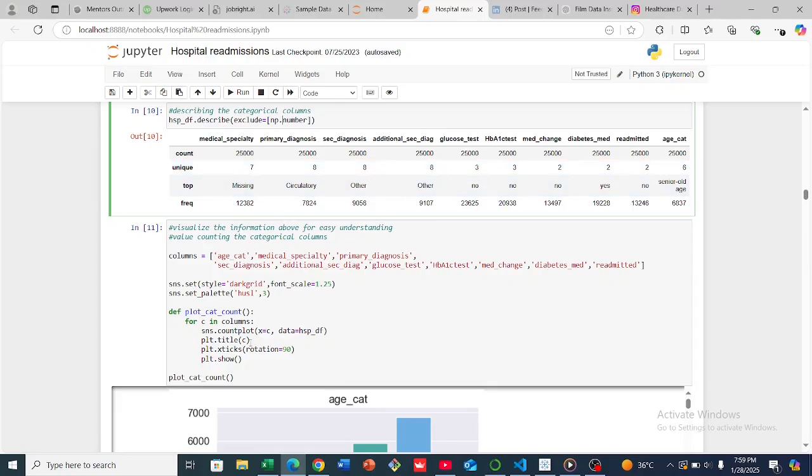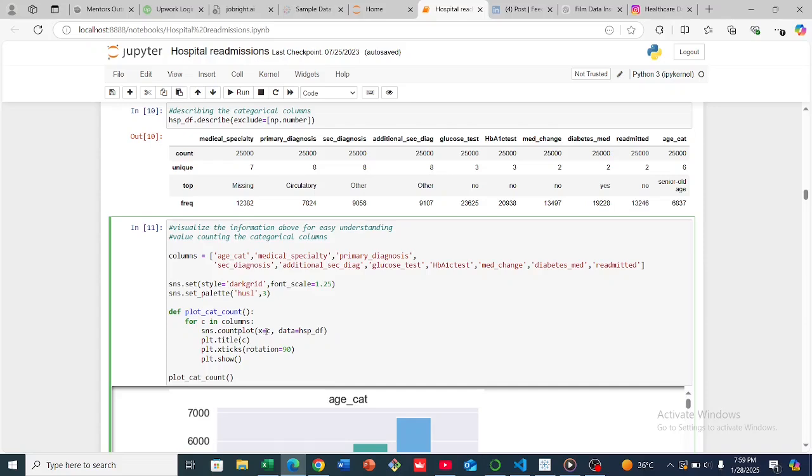To do that I defined a function and called it the plot_cats_count function, and I used a for loop to loop through all the columns in this column array, which we've created using just the names of our categorical columns. And I specified that I wanted to use the seaborn countplot on each column.